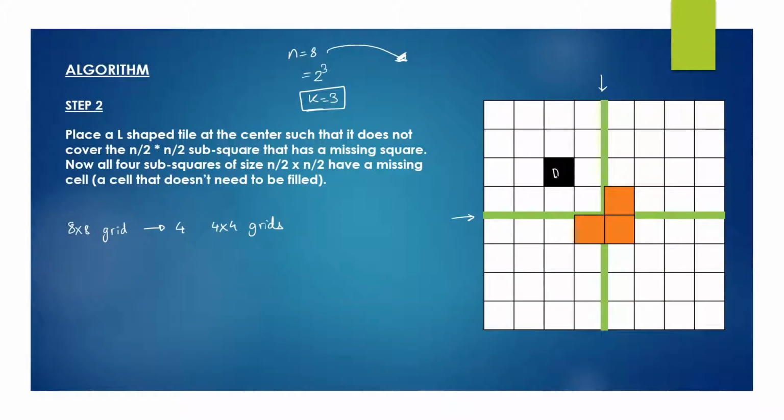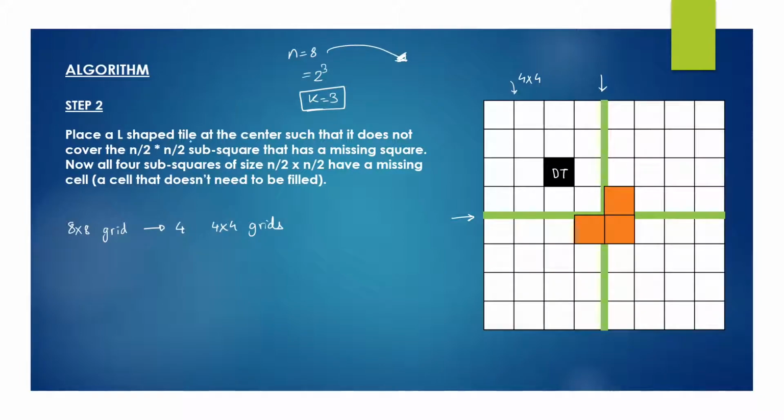I'll just denote the defective tile by dt. So we're going to place an L-shaped tile such that one small square of the tile does not take part in this 4x4 subproblem. That's the only way we can put an L-shaped tile. So that's what the algorithm says.